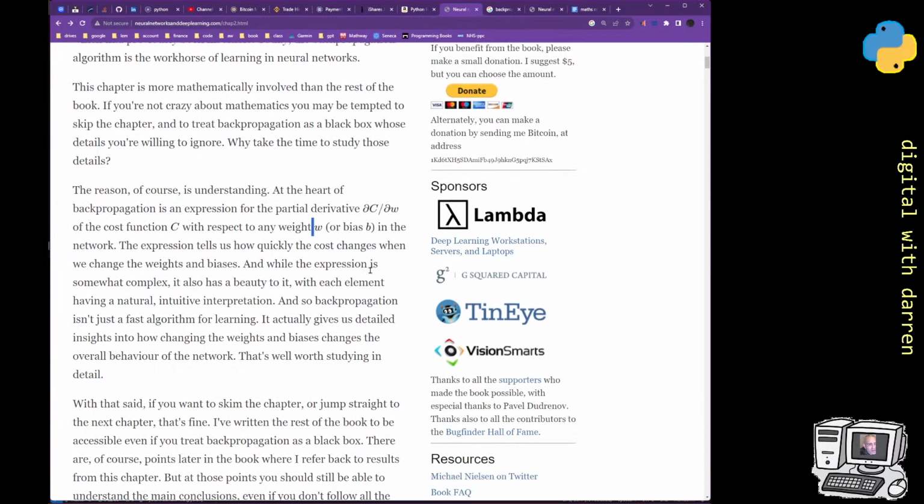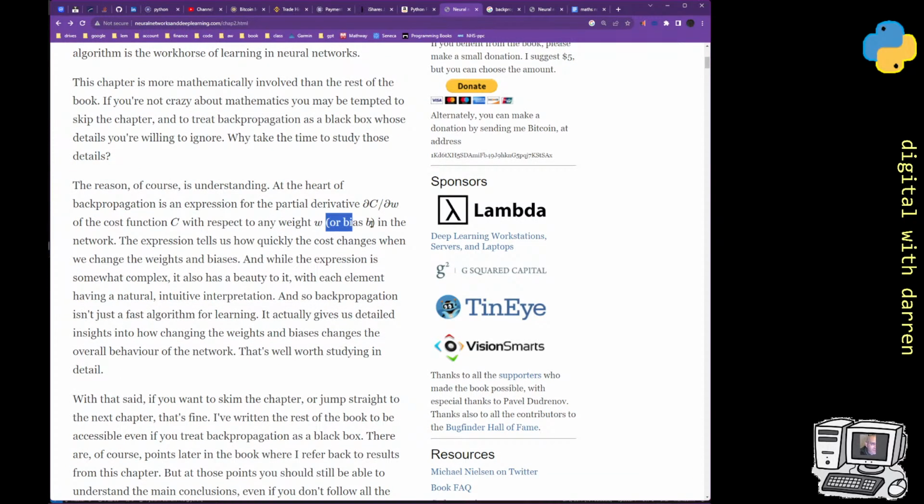And what we're trying, weights or a bias, sometimes called weights and biases.